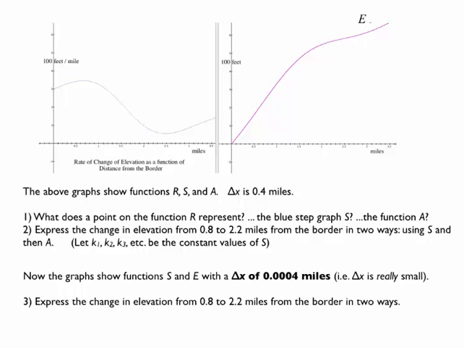Now I'm calling that function e. So this is like the true elevation function, I'm calling it e now, and this is our function r. So we can still do e of 2.2 minus e of 0.8. That will give the change in elevation from 0.8 to 2.2.